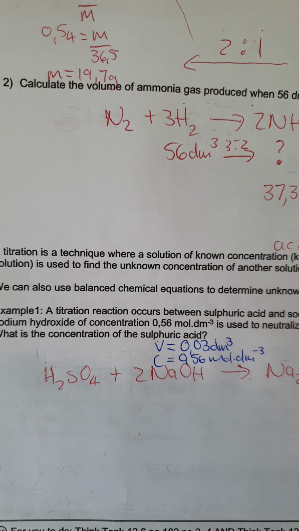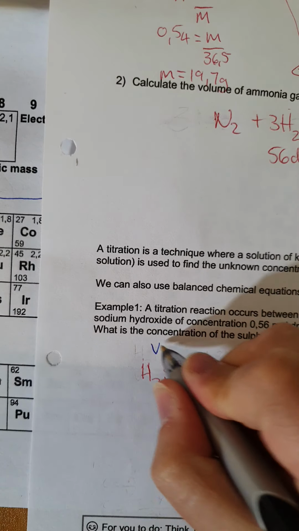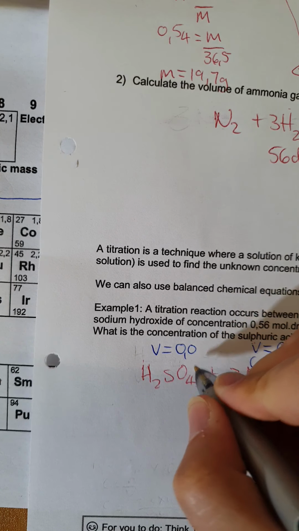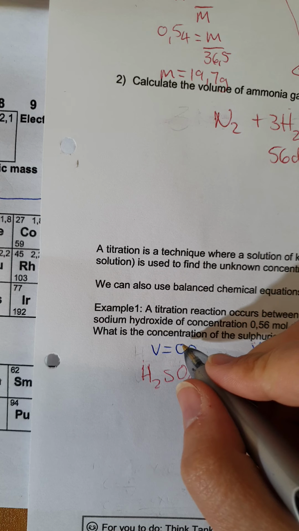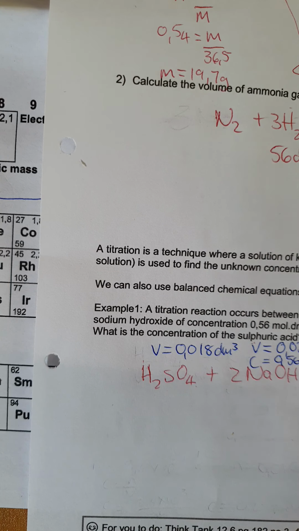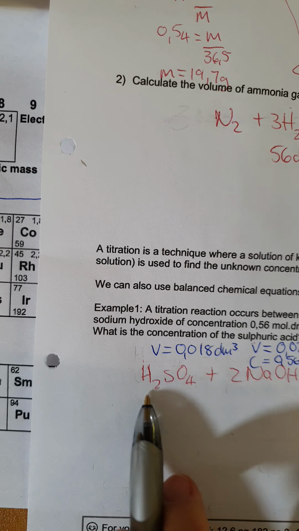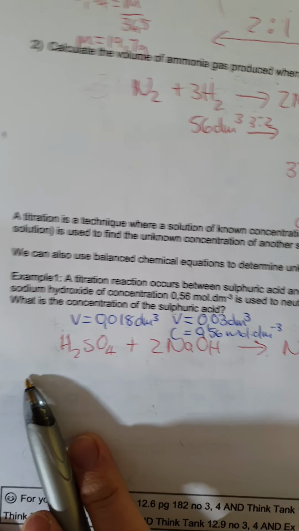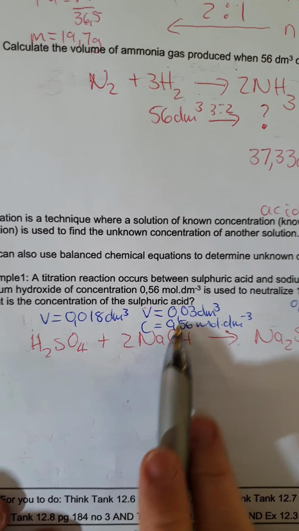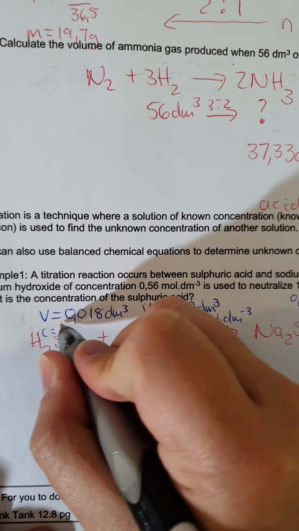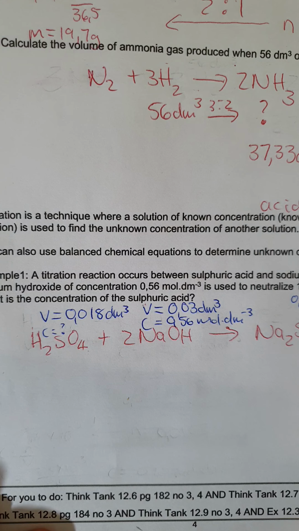So we have a volume of 0,018 decimeters cubed. And what are we looking for? We are looking for the concentration of sulfuric acid. I have information here, and I'm missing information here. I need to find that concentration.